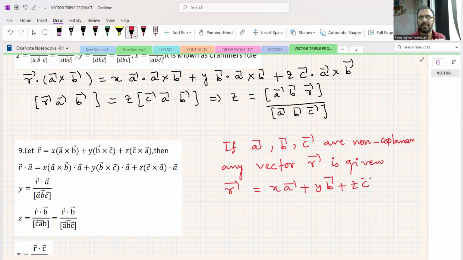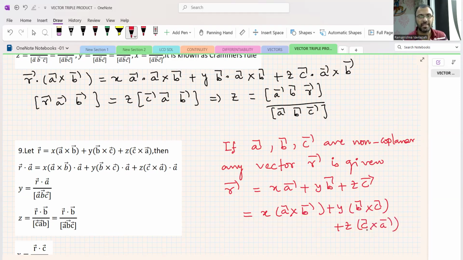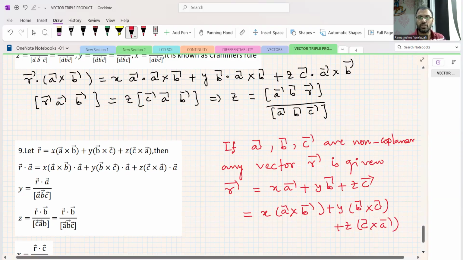Any vector can be represented as a linear combination of these non-coplanar vectors, or X into A cross B plus Y into B cross C plus Z into C cross A. If A, B, C are non-coplanar, then A cross B, B cross C, C cross A are also non-coplanar vectors. Box ABC is not equal to 0, so therefore the box of A cross B, B cross C, C cross A is equal to box ABC whole square, which is also not equal to 0.